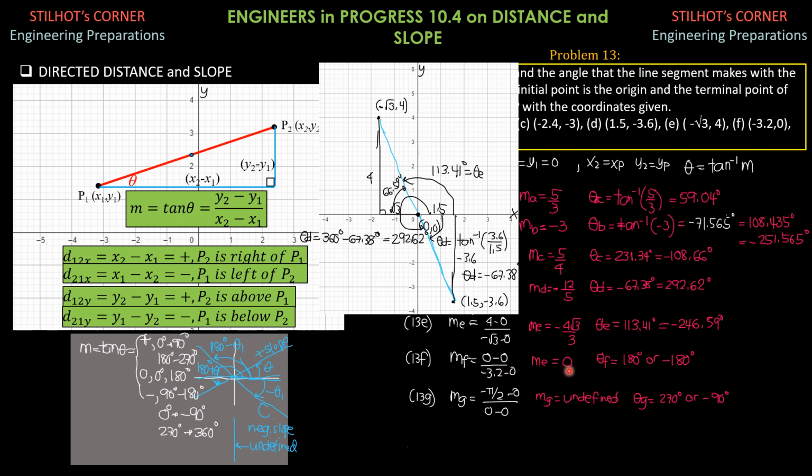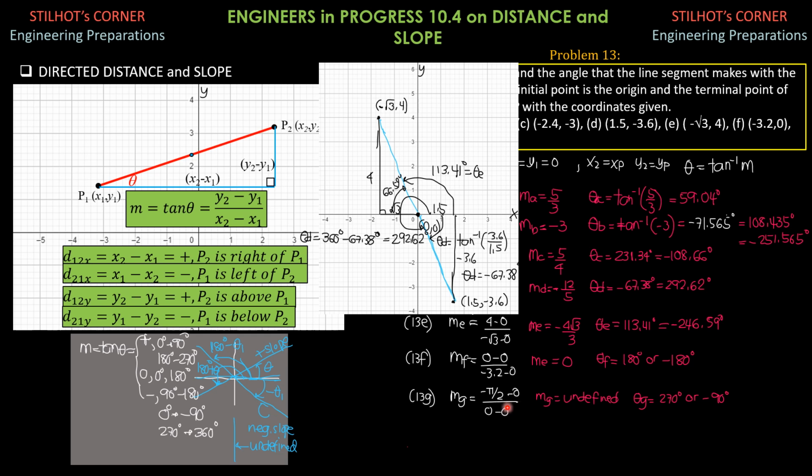So 0 slope, inverse tangent of 0, definitely your calculator will give you 0, which is not correct because it should be 180 degrees. The point lies somewhere here. So it is 180 degrees. Negative 3.2 is here. So in clockwise direction, negative 180 degrees.